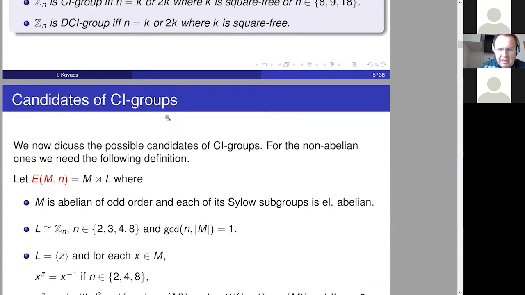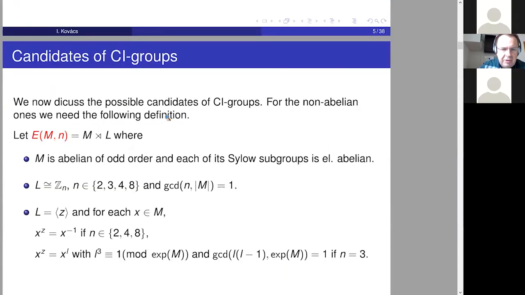After that, I would like to present the possible candidates. So we are done with cyclic groups, we are interested in other groups. And for the other groups, there are some possible candidates. First of all, for the non-abelian groups, we need a definition.